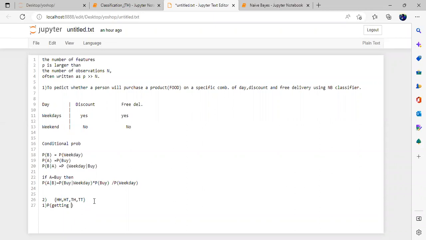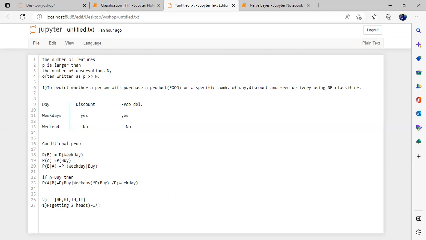Sure. Probability of getting heads is 1/2. And what is the probability of getting two heads? One by four.